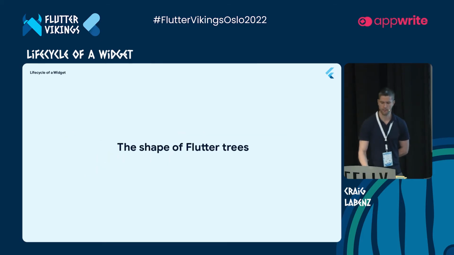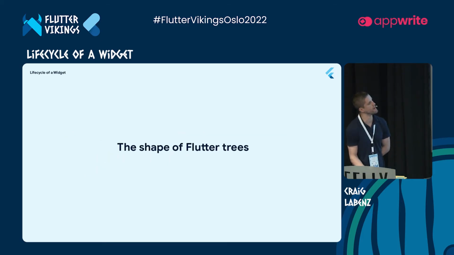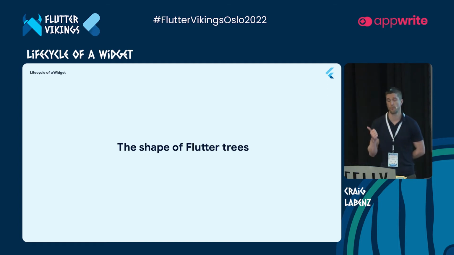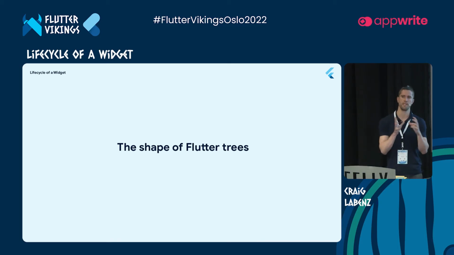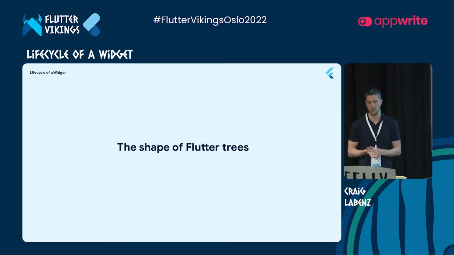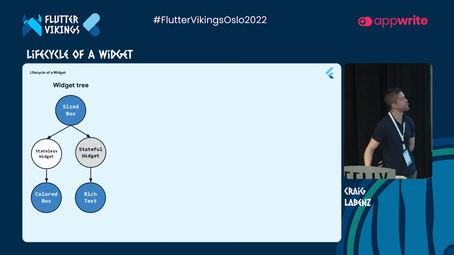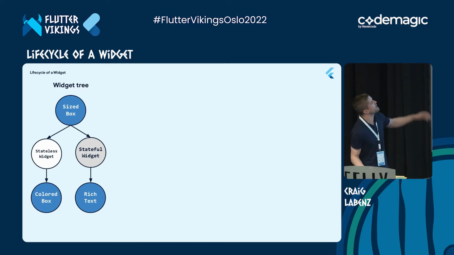So the first thing I want to go over is the shape of the various Flutter trees, the widget, element and render object trees, because they're not all identical, and the differences in their shapes can tell us things about how different code that we might write will impact the performance of our apps. So if we consider this pretty simple widget tree, I hope the white and the gray are different enough on this screen.